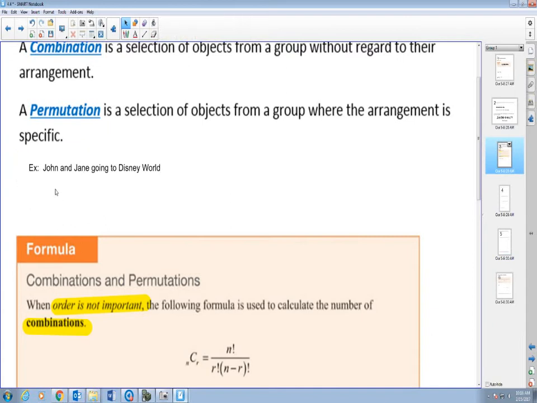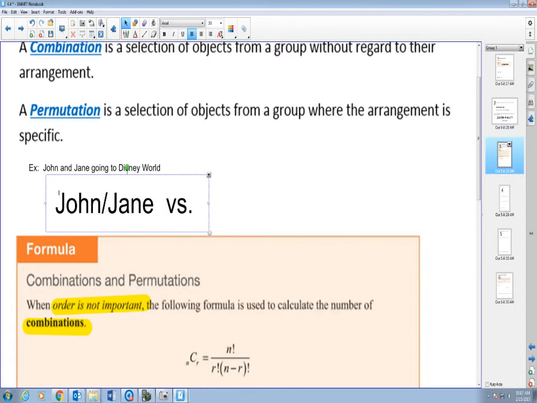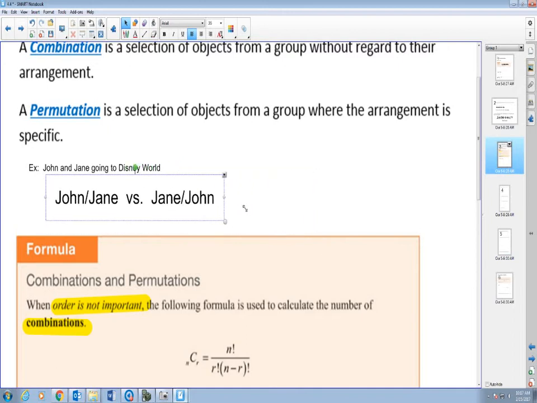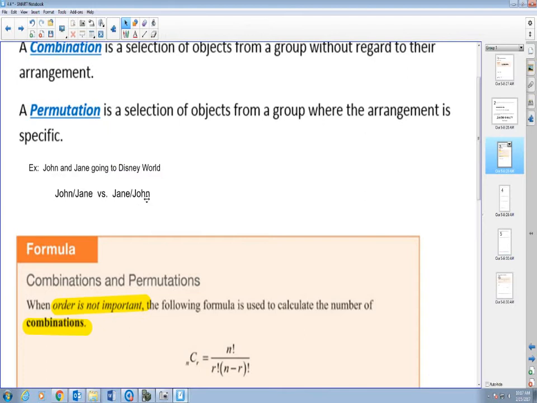So, if I pick John first, then I pick Jang, versus if I pick Jang first, then John. Is this 1 way or 2 ways? If I just want to pick these 2 people to go to Disney World, is this 1 way or 2 ways?